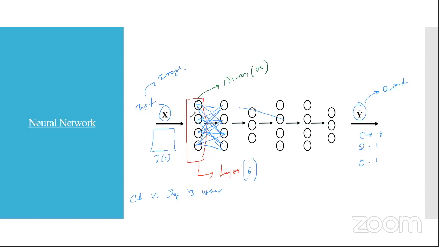Even here you can see that we have multiple neurons which are connected in a specific way, and in order to classify the activity, this layer identifies the color, this layer identifies the shape, and this layer is, let's say, trying to learn how to identify the eyes.